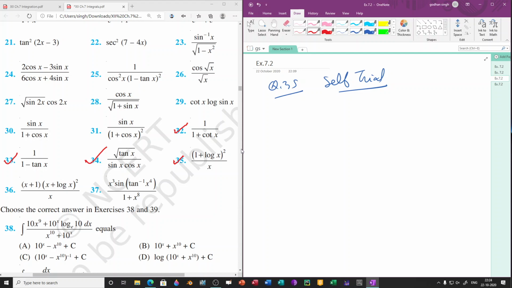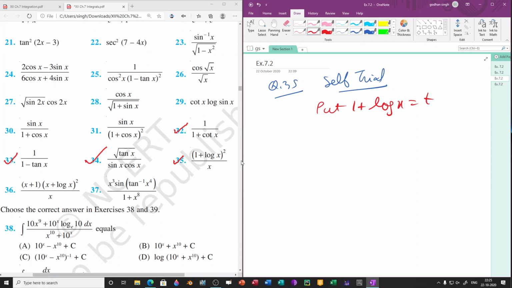So instead of taking log x as t, we will take 1 plus log x, because the derivative of 1 will be 0. So in question number 35, put 1 plus log x equal to t, and when we differentiate this, we get 1 by x dx as dt.